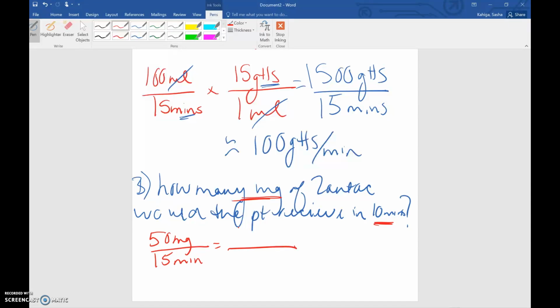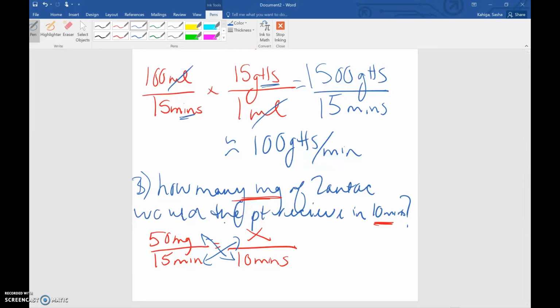But since you're looking for the total amount of milligrams in 10 minutes, then your milligrams will be X and your 10 minutes will be at the bottom. Because remember, I'm setting it up to where my units are mirror of one another. So all you have to do now is just crisscross multiply. There's really no formula here. You just have to use arithmetic and set your problem up to where your like units cross out.